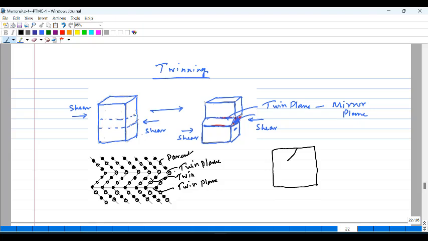So let's say these are the grains, and if you find a twin in the microstructure, this will appear as lines or a band like this. So these are basically those two twin boundaries.